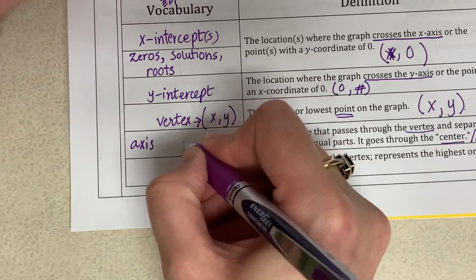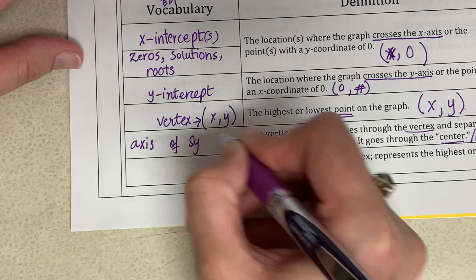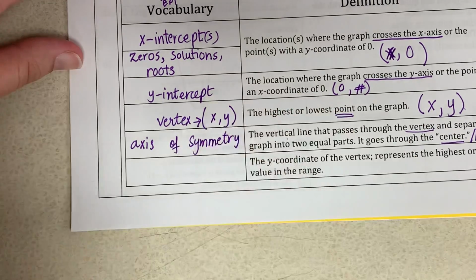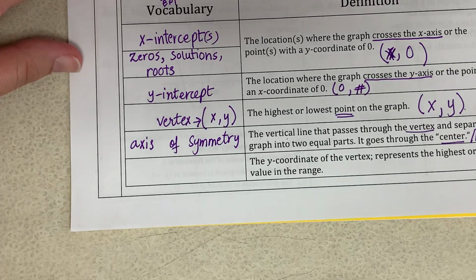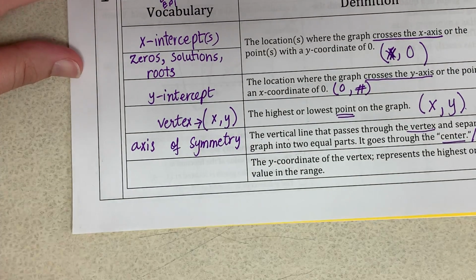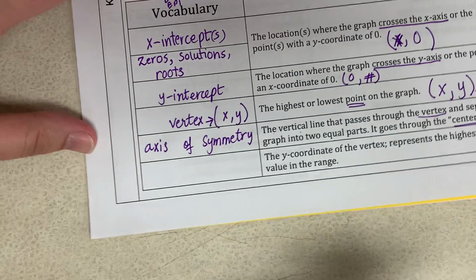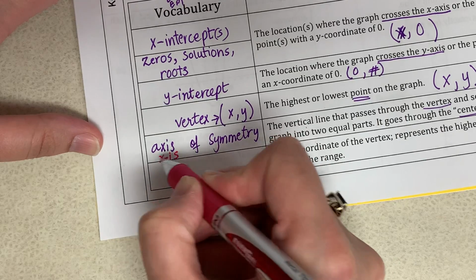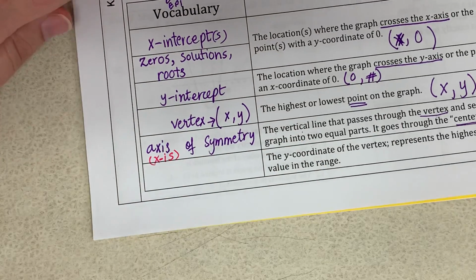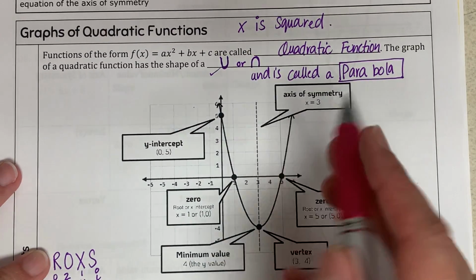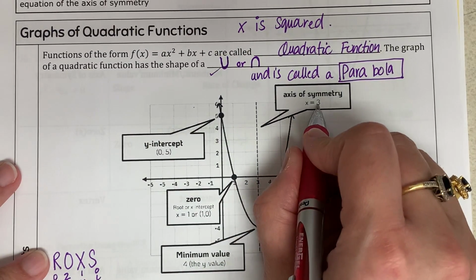Axis of symmetry. Symmetry means the part that cuts a shape into 2 equal halves. And the other thing that I want to point out is to call it "x is" of symmetry, because when you write down the value of the axis of symmetry, you basically write x equals or x is.